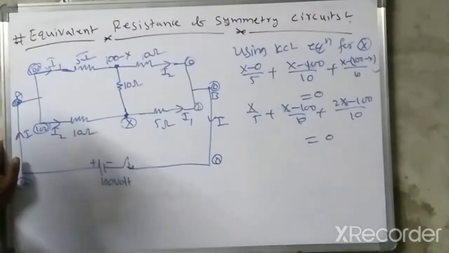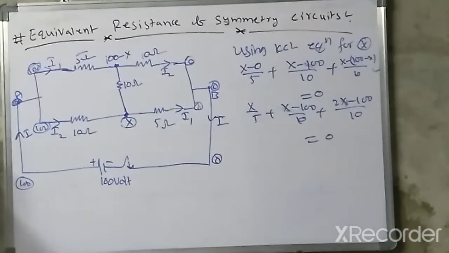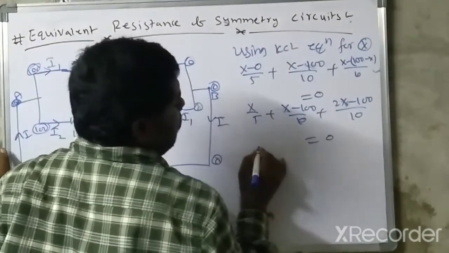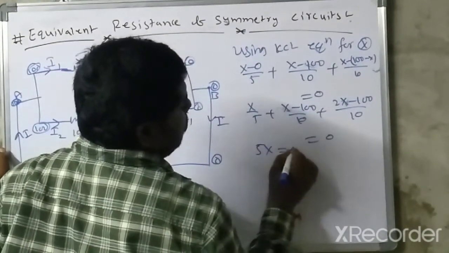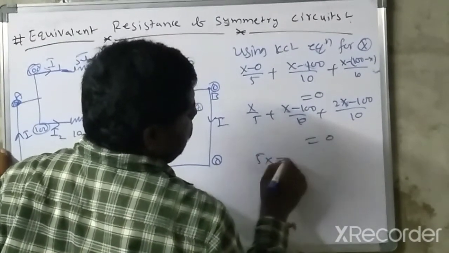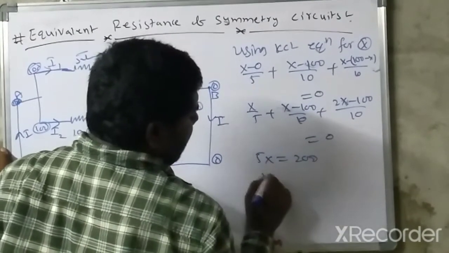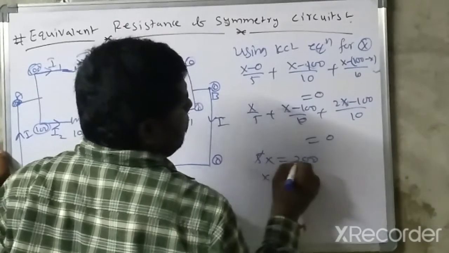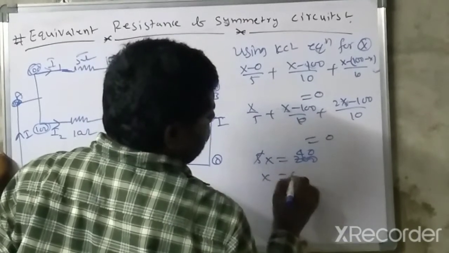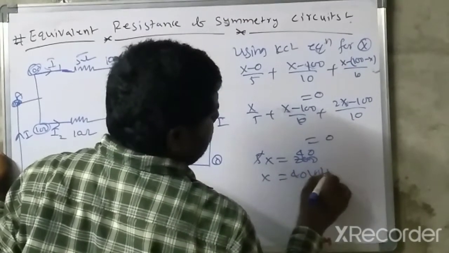If you simplify again, 5x is equal to 200. So x is equal to 40 volt.